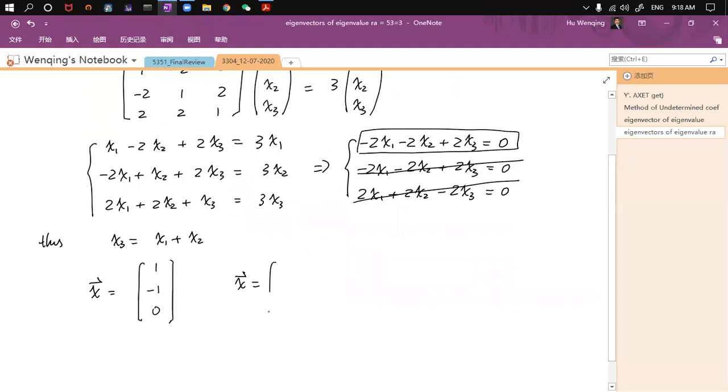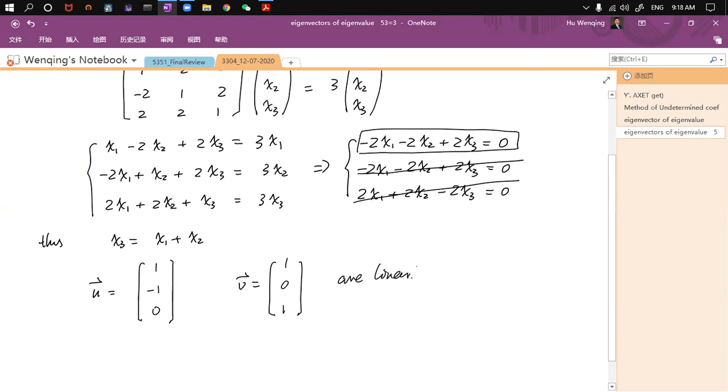So 1, 0 and 1 also satisfies this. Let's say this is the second eigenvector. Let me say u and v are linearly independent.